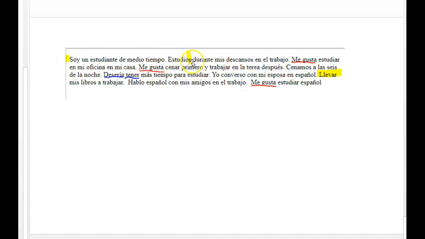If you count, there should be estudio 1, cenar 2, conversar 3, llevar 4, hablar 5. So you almost didn't make it. It's a good composition. It's short and it has the verbs. It just has too many gustar and some other words that we didn't see.